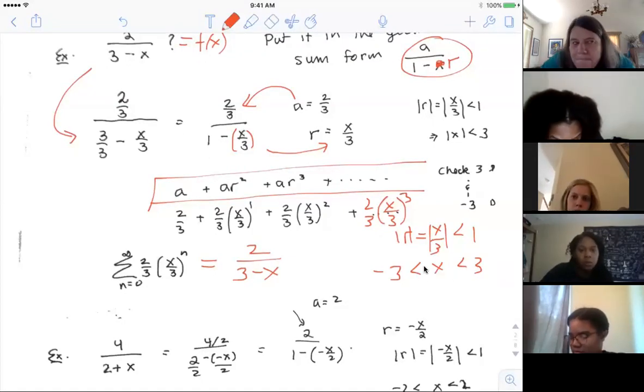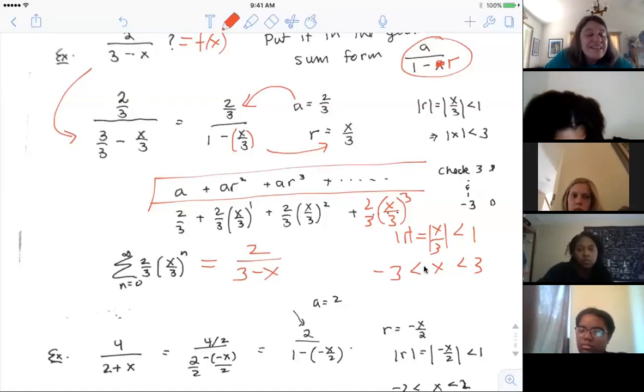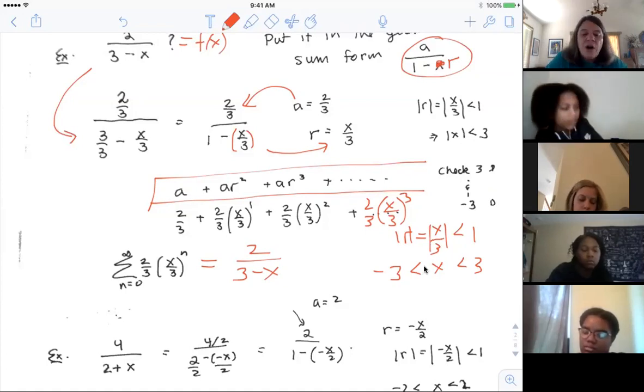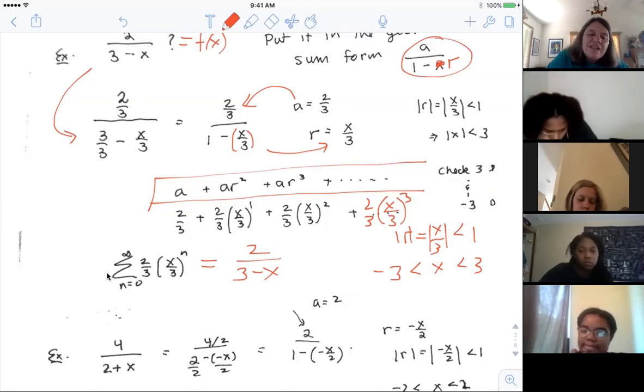Why would it be written this way? I did this today in differential equations. There are equations you cannot solve straight up with different things in them, but you can solve them using series representations.